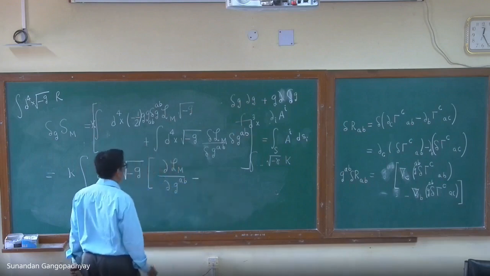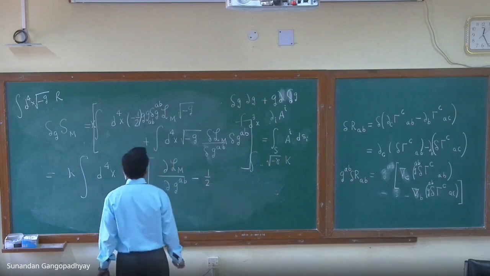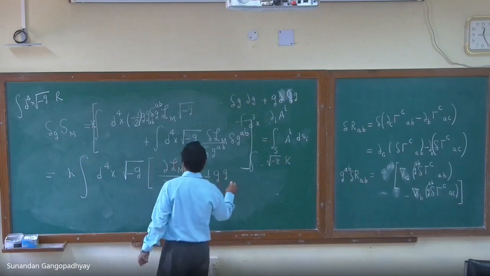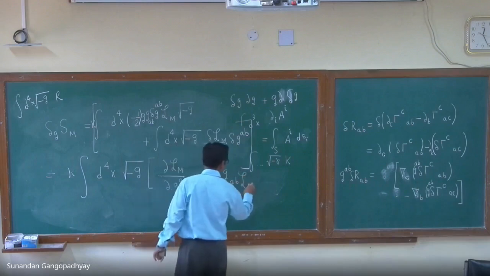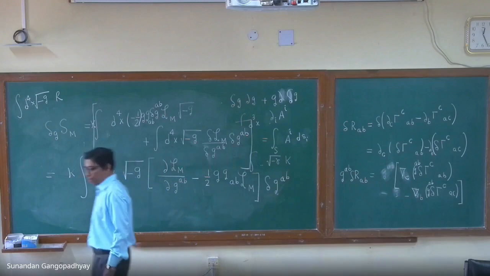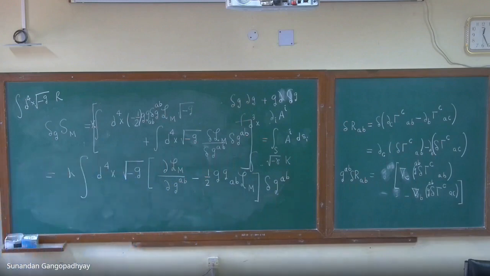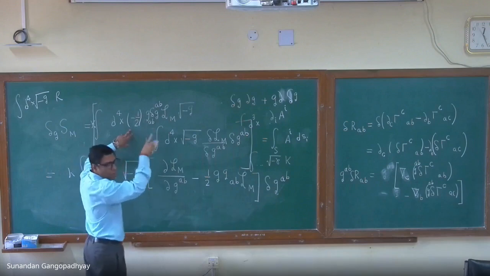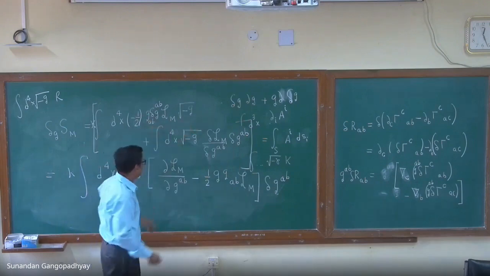minus half, and I have written an extra g, but the square root of minus g will remain. Minus delta square root minus g, that is minus half g_ab delta g^ab square root minus g. Right?